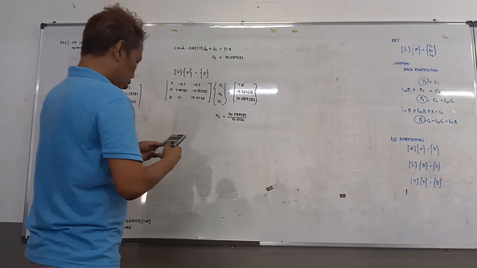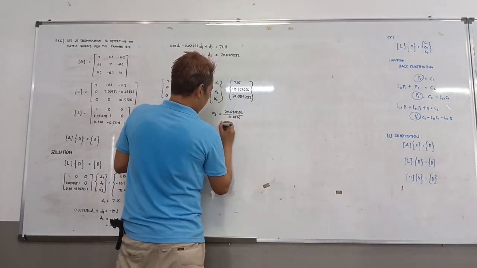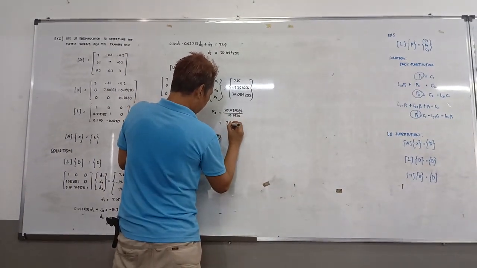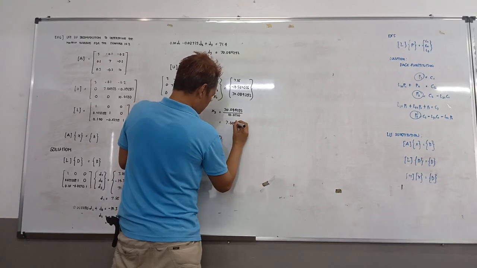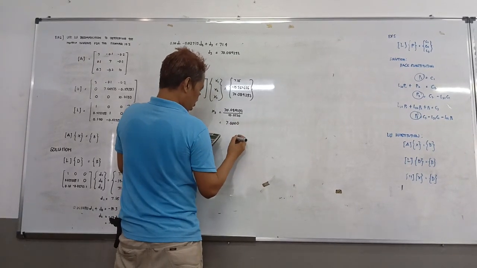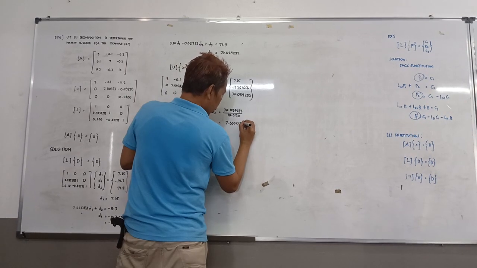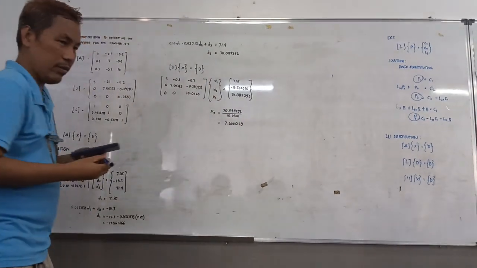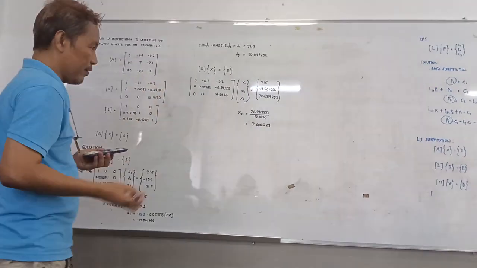The answer is 7.0000 with four zeros, then 29. So it is almost 7. The value is 7.